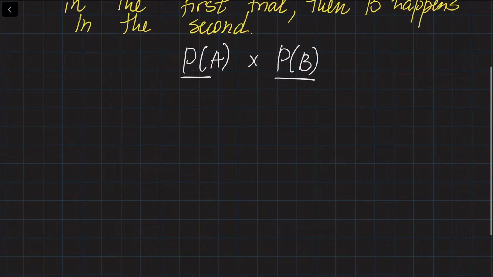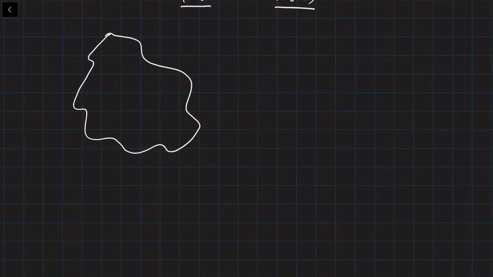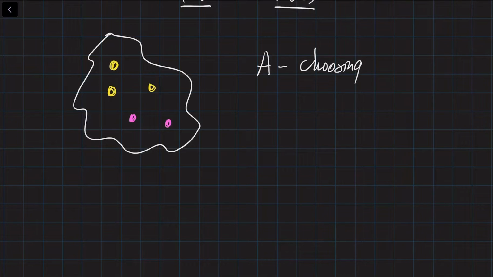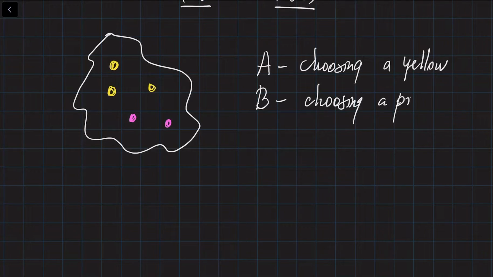So let's say we have a box with balls, and you've got 3 yellow balls there and 2 pink balls. Let's say A is choosing a yellow ball, and B is choosing a pink ball.